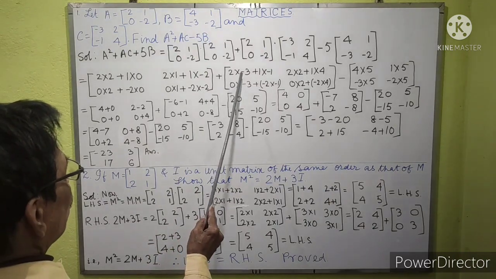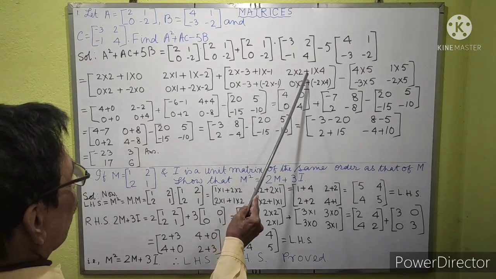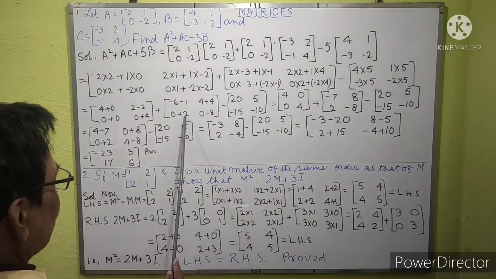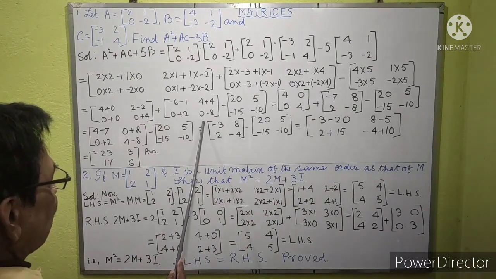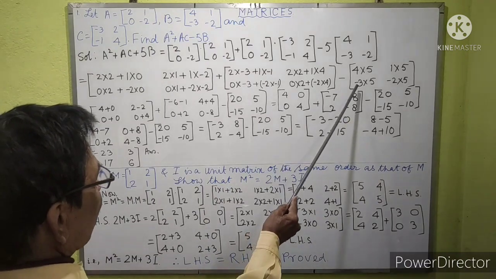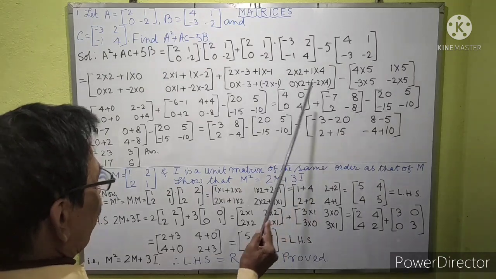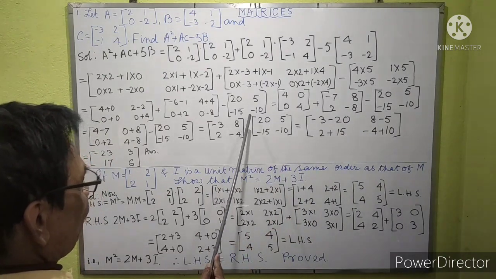Here 2 into minus 3, that is minus 6, minus 1, and 4 plus 4, that is 2 into 0, 0, and minus 2 into 4, that is minus 8, and this is 4 into 5, 20, and 1 into 5, 5, minus 3 into 5, minus 15, minus 2 into 5, that is minus 10.